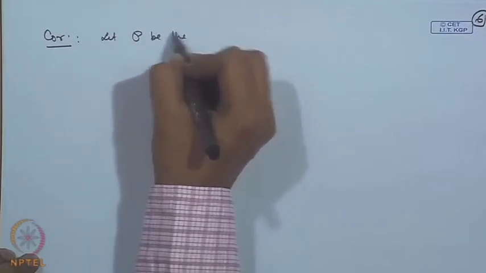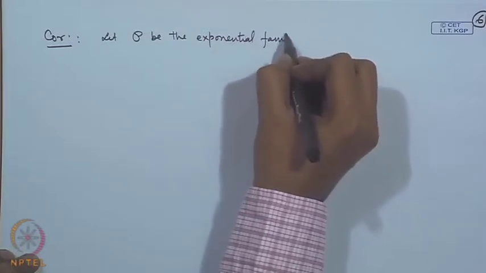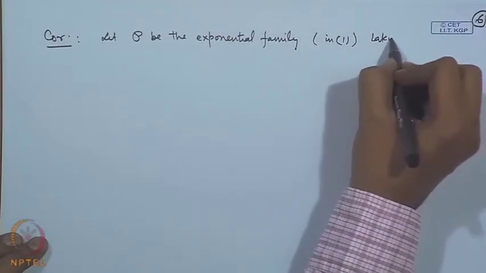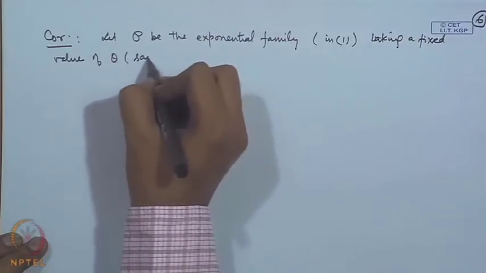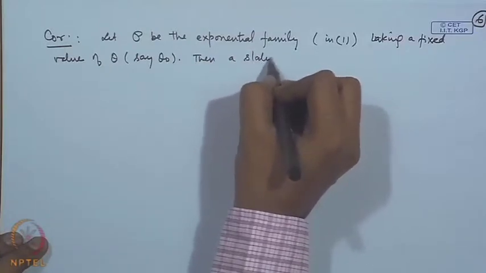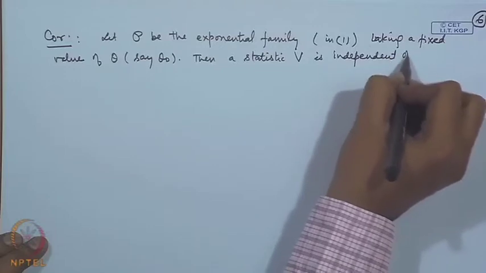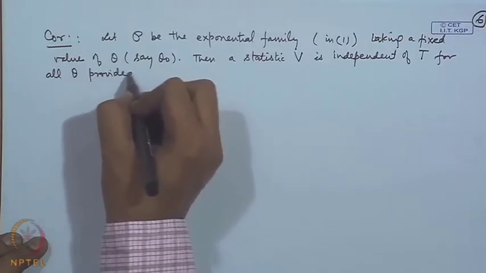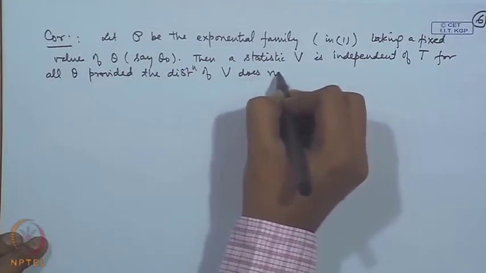Let P be the exponential family in 1, and taking a fixed value of theta, then a statistic V is independent of T for all theta provided the distribution of V does not depend on theta.